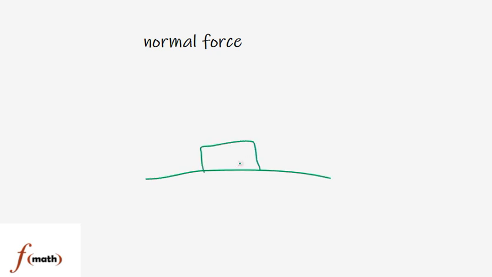A surface will always exert a force on an object. It's always going to be like that. Whenever there is a surface, there is a normal force. So the correct definition: a normal force is a force that is exerted by a surface on an object. Simple definition as it is.